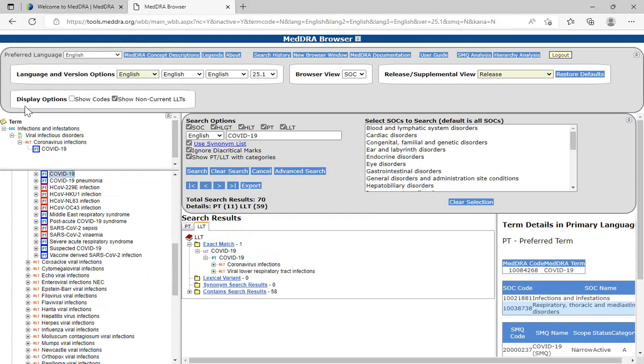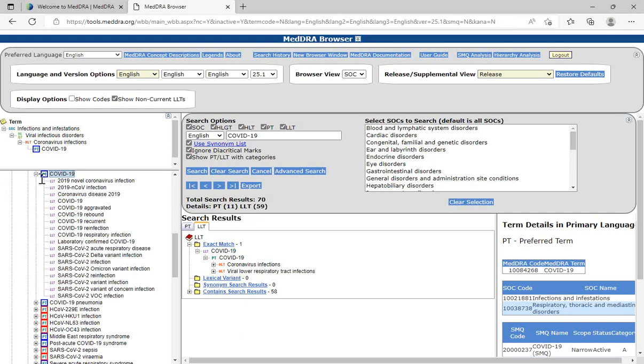There you go. My mouse is not cooperating. I want to open up COVID-19 PT so I can see all the, can you open COVID-19 PT? Thank you, Nicole. My mouse is not cooperating.